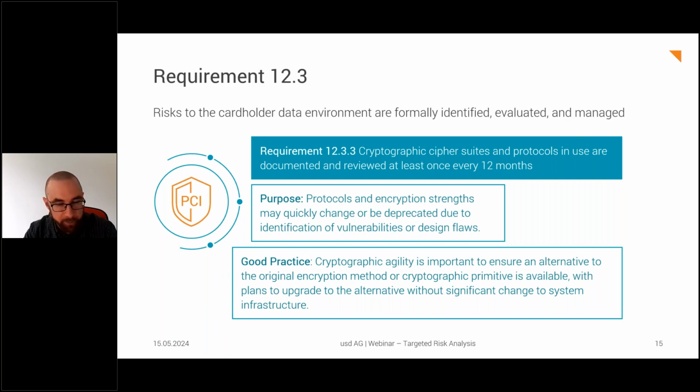In a lot of cases, especially with external partners, you need to communicate to the other side that you want to change the protocol. They need to be able to support this change, and this is the main reason why you really need to have some planning here, and what the requirement wants to address.